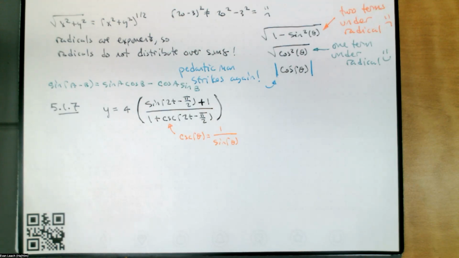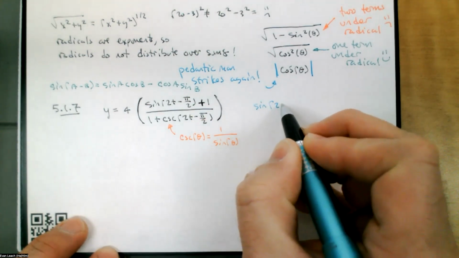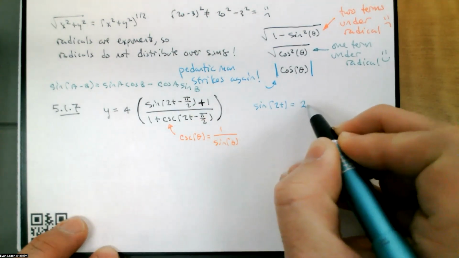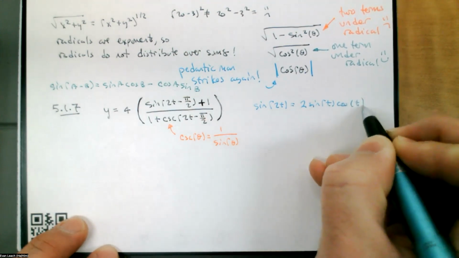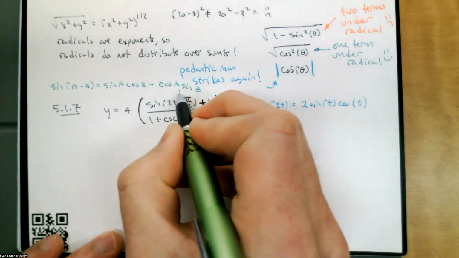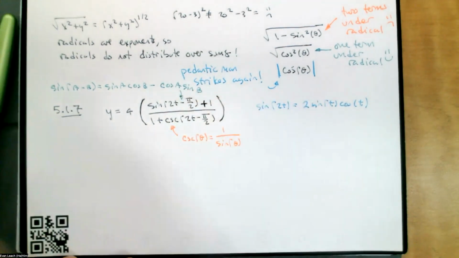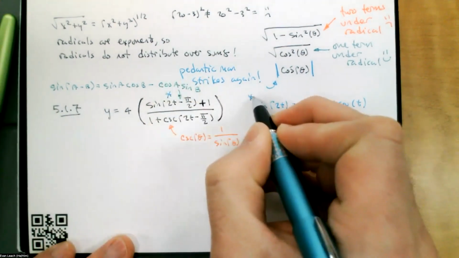Other things that I noticed that might be in play here is that there's a sine of 2t. So that makes me think of the double angle identity for sine. That says sine of 2t is 2 sine t cosine t. So these are all the identities that I see might be in play here. Not that they are going to be, but might be in play.